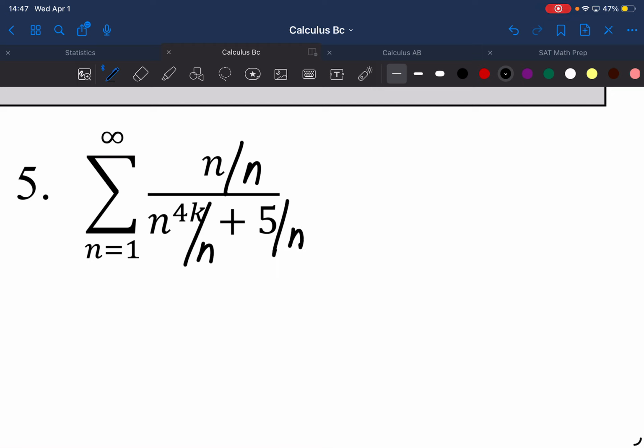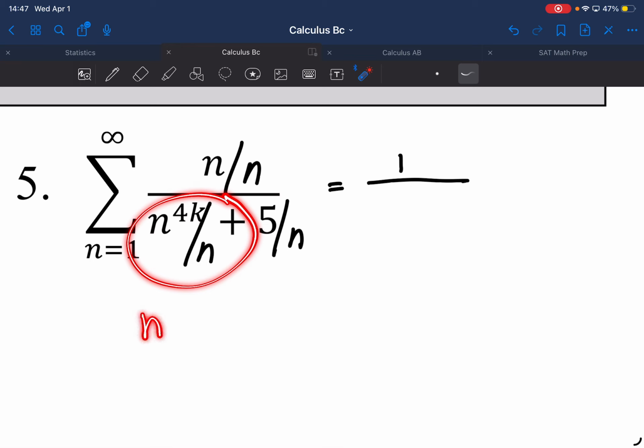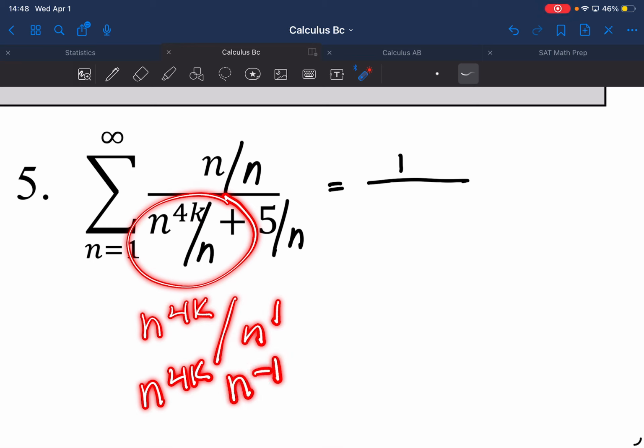Okay, so every term we're dividing by n, which means we have 1 over, and then this part right here, this n to the 4k divided by n. Okay, remember, I can rewrite this as multiplication, but instead of this n being to the first power, it's going to be to what? Negative first power. So really this is n 4k times n to the negative 1 power, which we can combine as what?